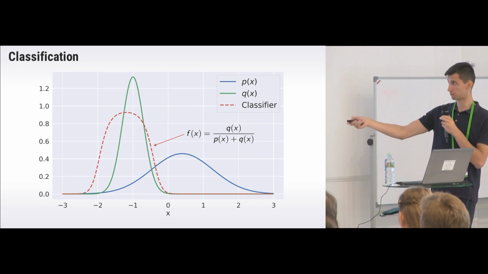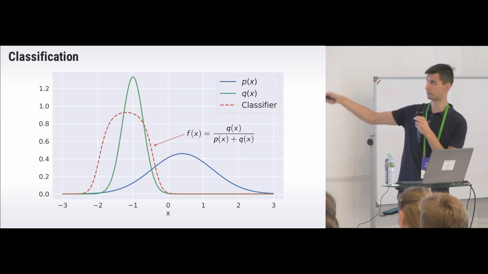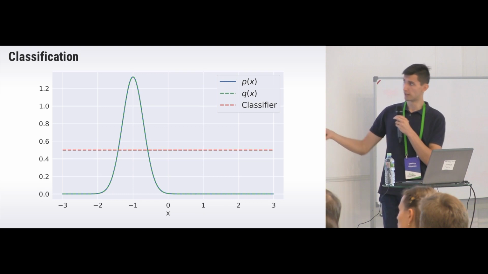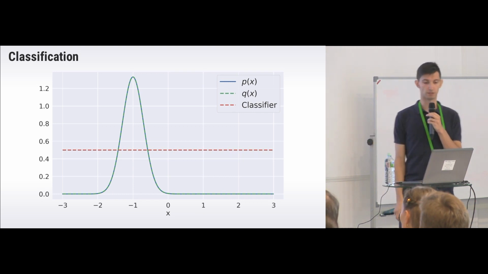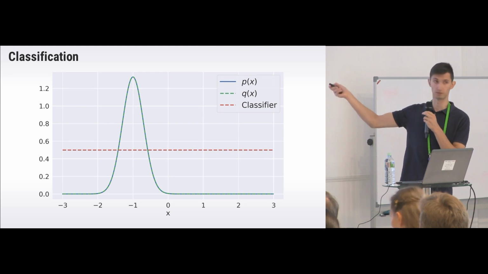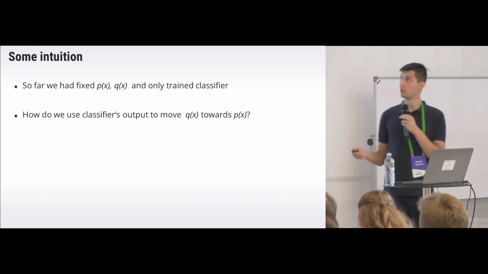In the region where the green curve is below the blue curve, the value is below 0.5. Of course, if P of x is exactly Q of x, then the classifier everywhere gives us 0.5.